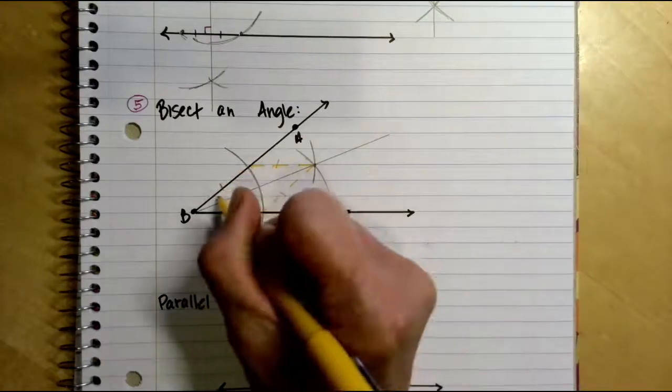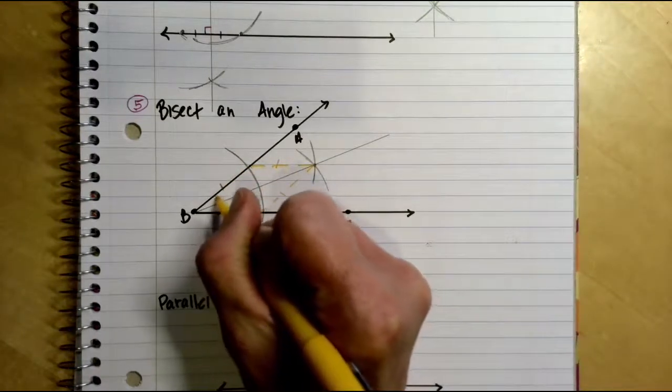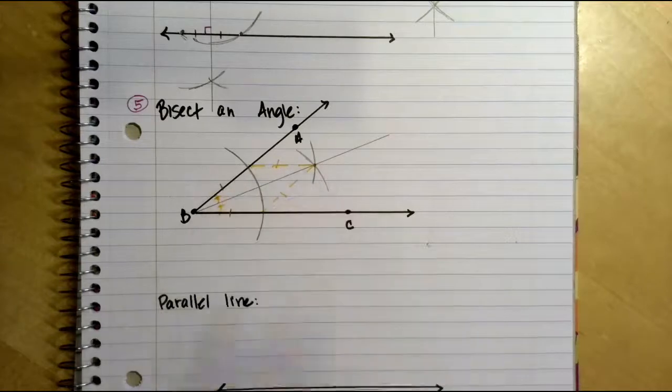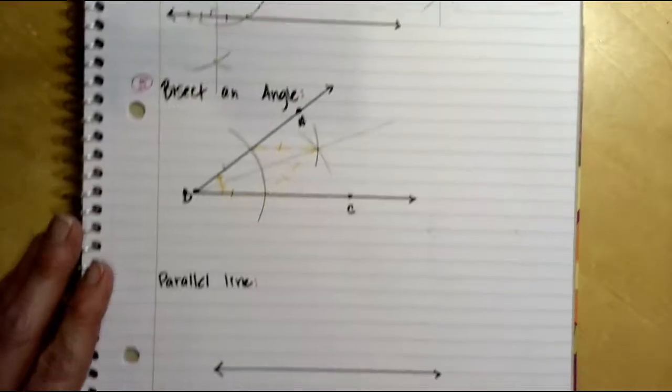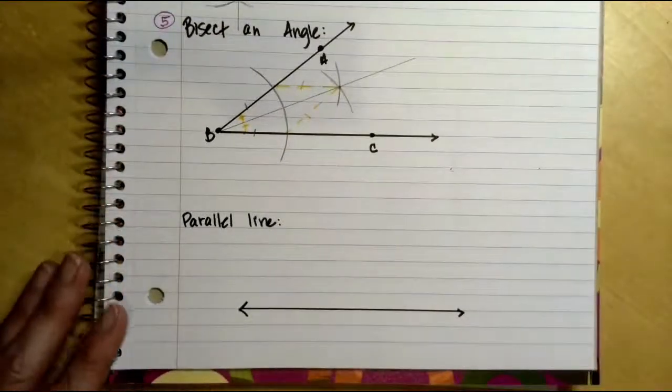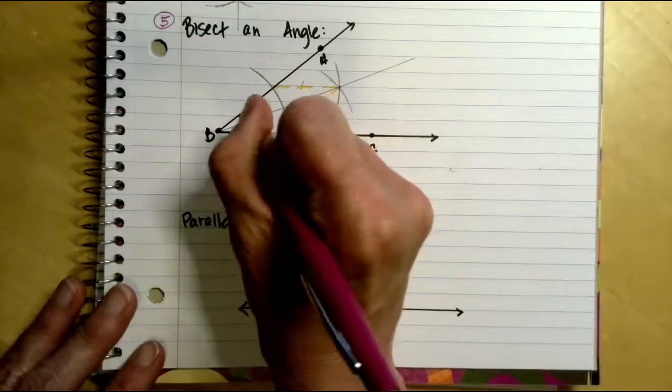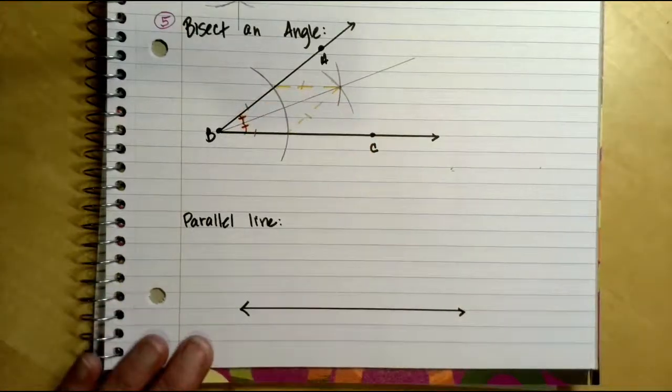And that rhombus guarantees that this perpendicular line is going to bisect that angle. All right, that is a bisected angle, proving that these angles here are bisected.